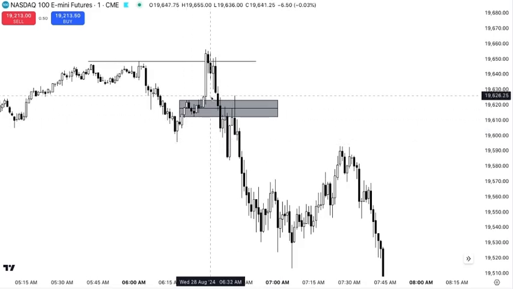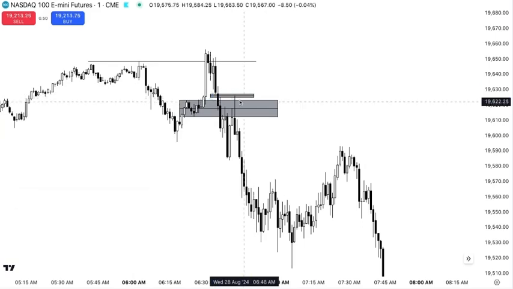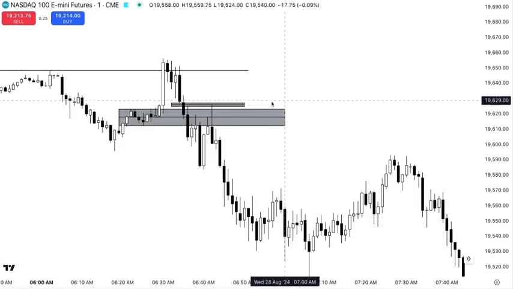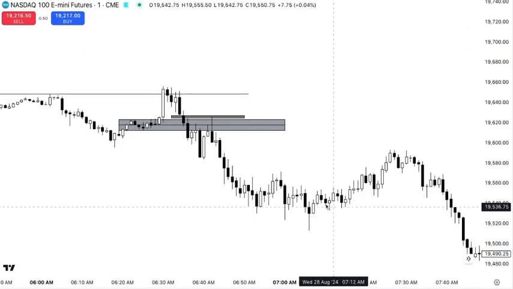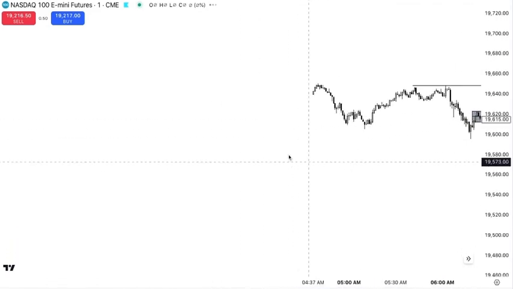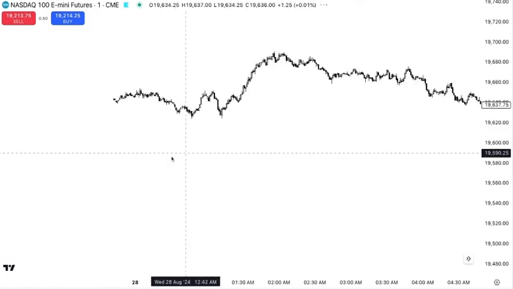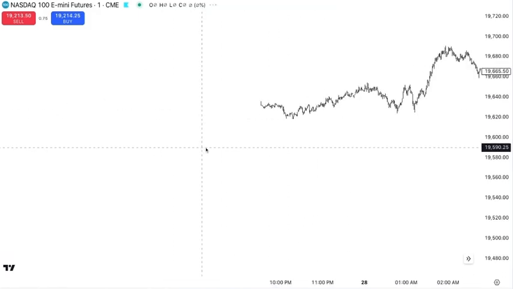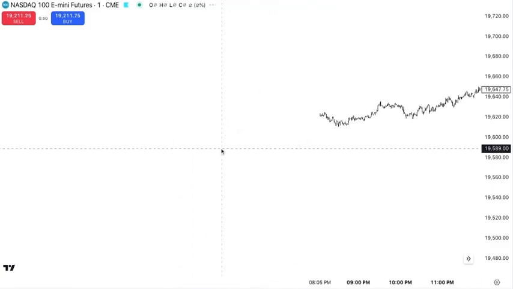But I just want to find a better example because this was more like a fair value gap entry right there. As you can see, it went to the midpoint right there. So yeah, that was more like a fair value gap entry. But let's find one more breaker block for an example.